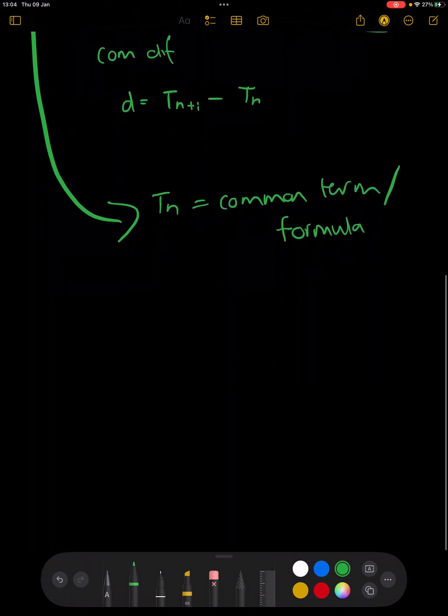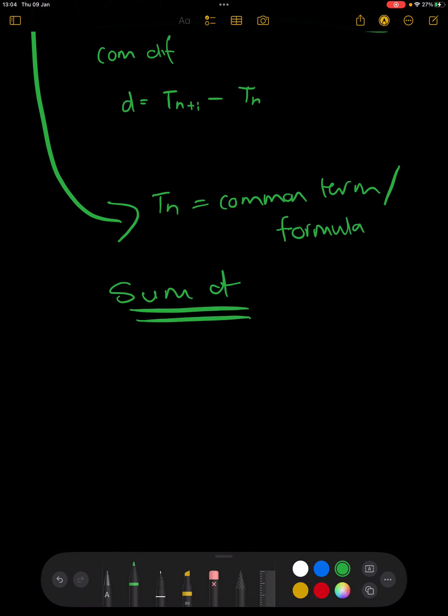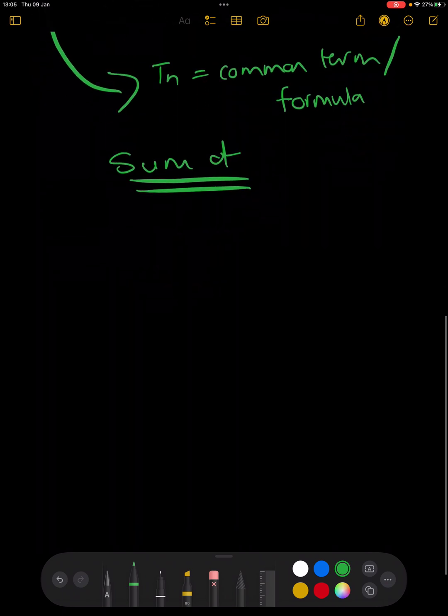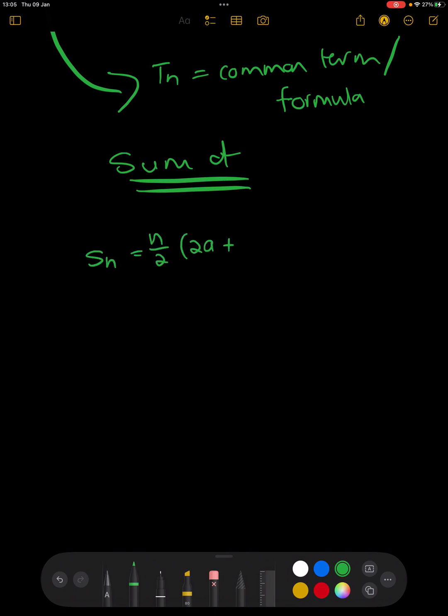In addition to having a formula or a Tn, we also have a sum of. With an arithmetic sequence, the most common one is Sn is equal to n over 2, (2a plus (n minus 1) times d). Or we can say Sn is equal to n over 2, (a plus l).